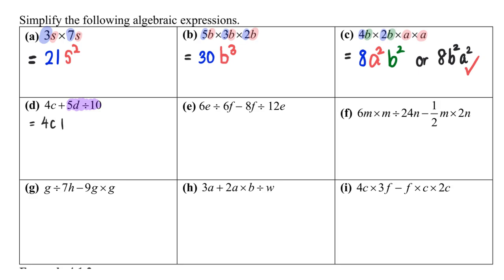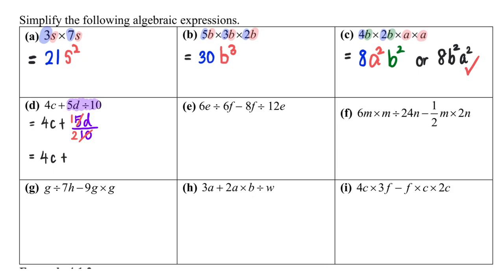So on this note, you will see me writing 4c plus, and I'm going to simplify 5d divided by 10 to be written as a fraction, 5d over 10. And let's continue. 4c plus, do take note, we can continue to simplify 5d over 10 because I can divide by 5 left 1, divide by 5 left 2.